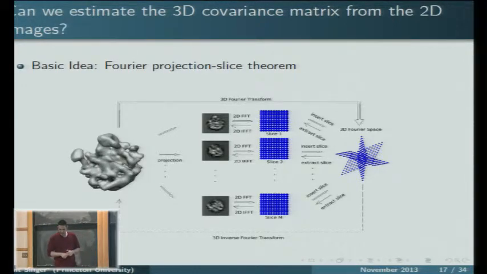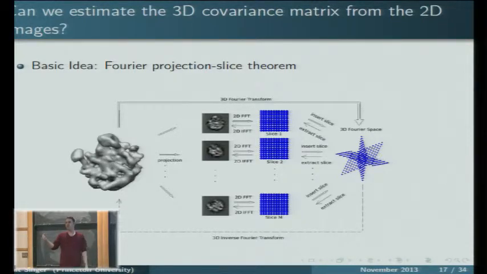And so we're going to look at all those images and just correlate the values of these two frequencies, because we know from the slice theorem that when we look at the images, we know what the corresponding frequencies in the plane are, now lifted to frequencies in free space. So by doing so, I can now populate the entire 3D covariance matrix.